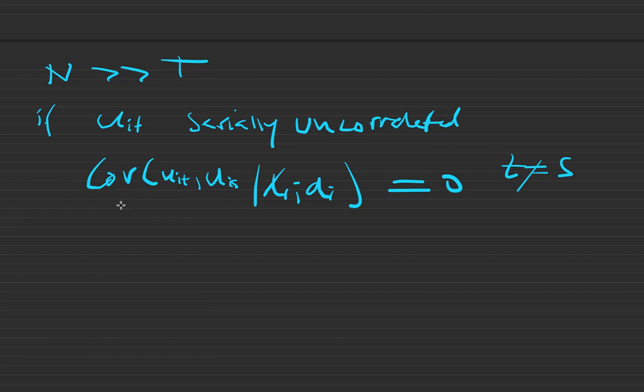There's no serial correlation. So if u_it are serially uncorrelated, then we discussed that the fixed effects estimator is the best linear unbiased estimator with the other assumptions, right? It is more efficient than first difference.